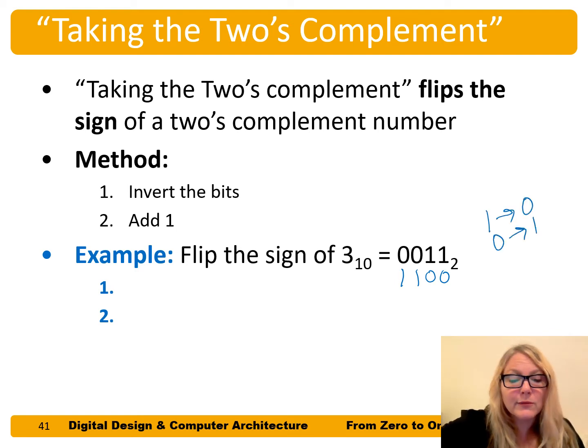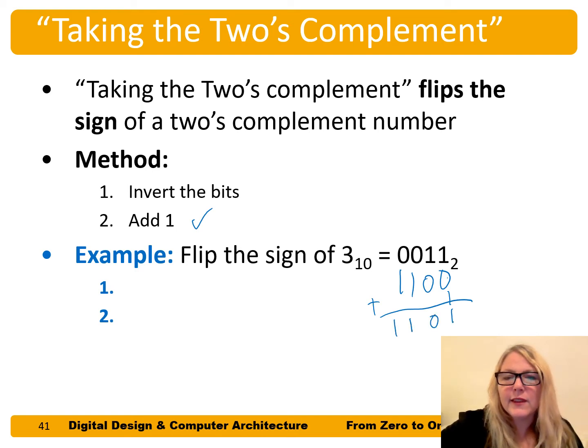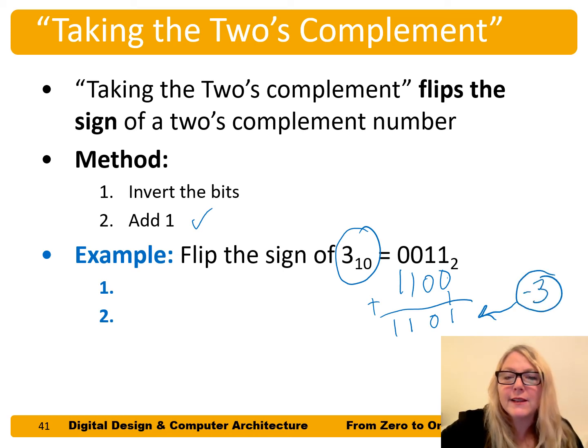So we get 1, 1, 0, 0. And then the second step is to add 1. Then we get 1, 1, 0, 1. So we started with the 2's complement representation of 3, and now we flip the sign and get the 2's complement representation of -3.